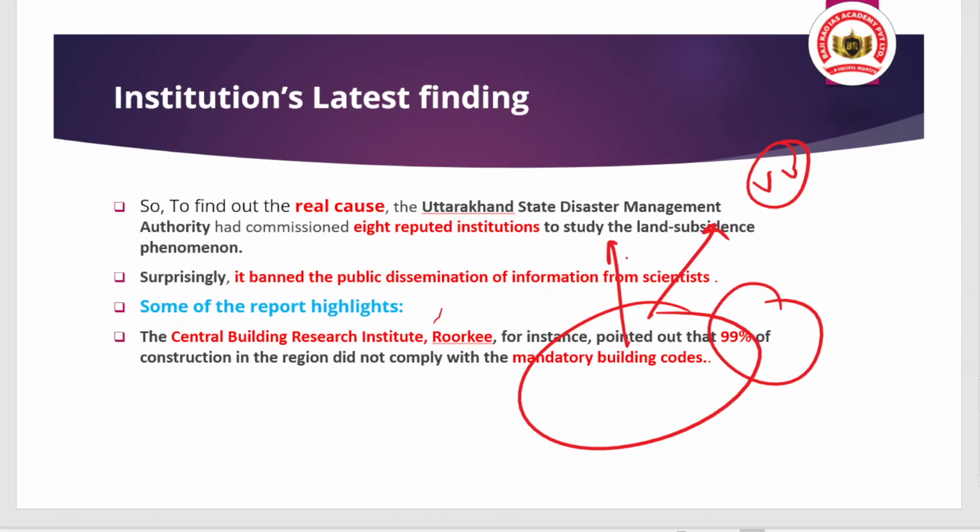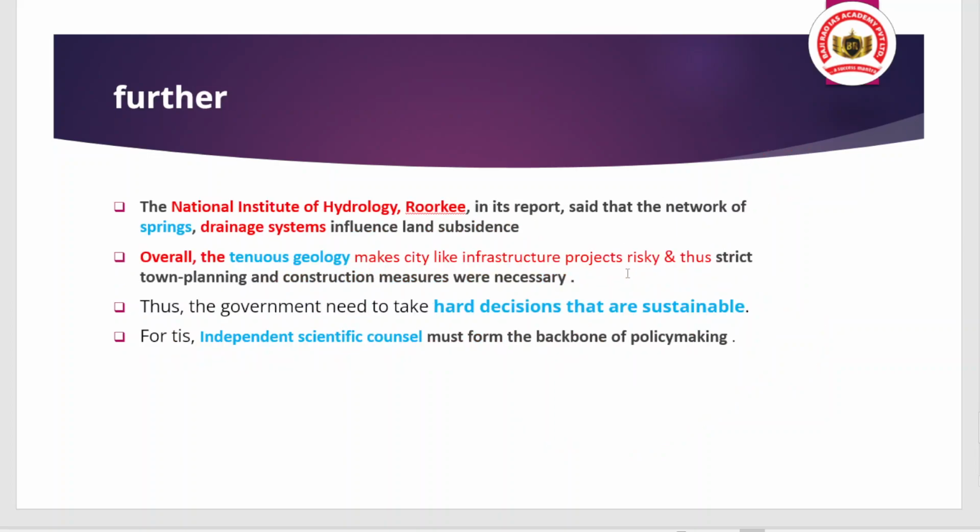And remember, the Himalayan region is a seismic prone zone, and if there is an earthquake-like situation, the impact will be more devastating. Another institute, the National Institute of Hydrology, Roorkee, said in its report that the network of springs and the drainage system had influenced the land subsidence.